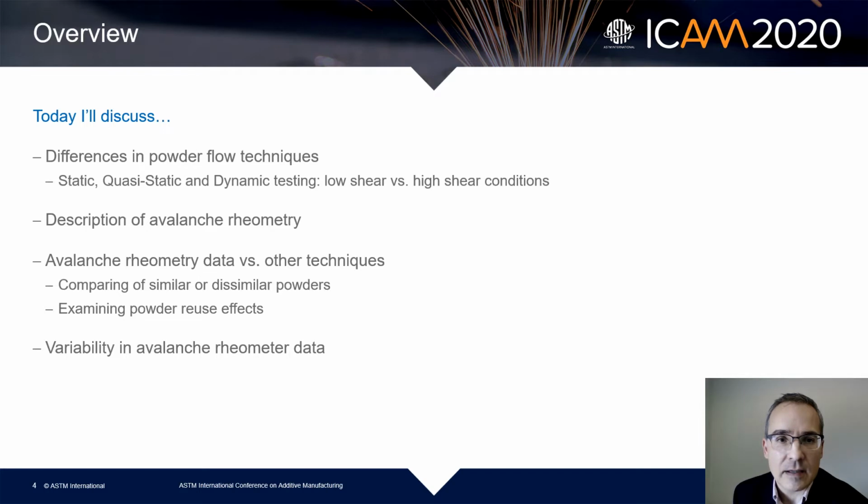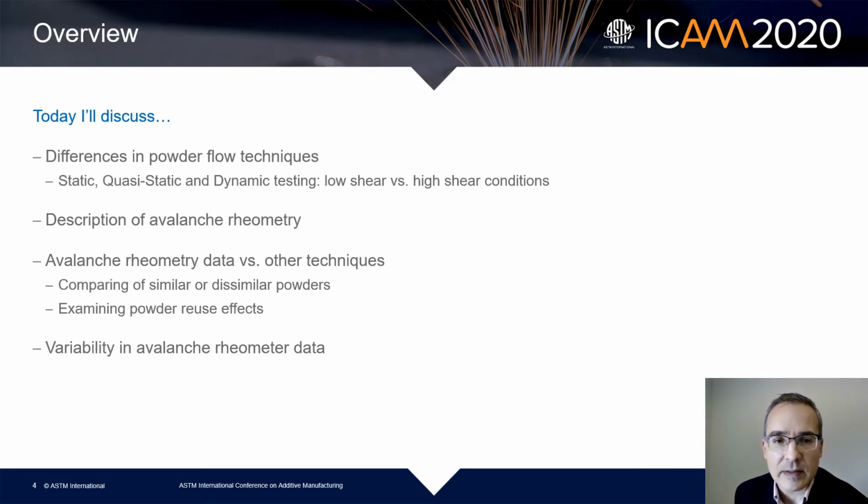So today I'll go over what I'm going to talk about. I'm going to start out discussing differences in various powder flow techniques and do some comparisons between them. Give a general description of what I mean by avalanche rheometry. Also go through quite a few examples of avalanche rheometer data versus other techniques for a couple different applications.